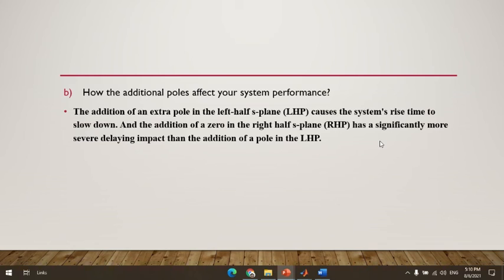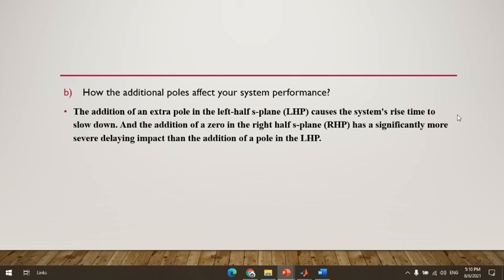Next, for the second question, how the additional poles affect your system performance? So the addition of an extra pole in the left half S-plane causes the system rise time to slow down.